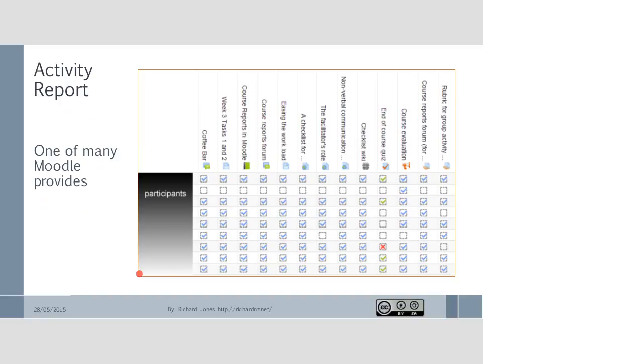Here's just one example of the excellent reports that Moodle provides. You've probably seen this one, but you definitely want to be using these to identify the participants who have not done very much. And as I say, yeah, it's my favorite too, Melanie. It's very, very useful. I use it a lot.